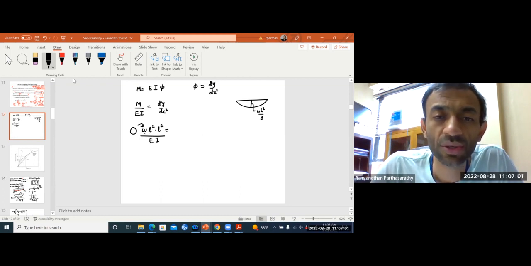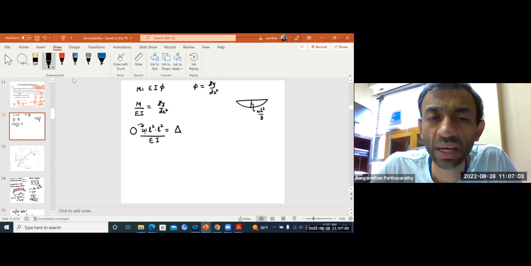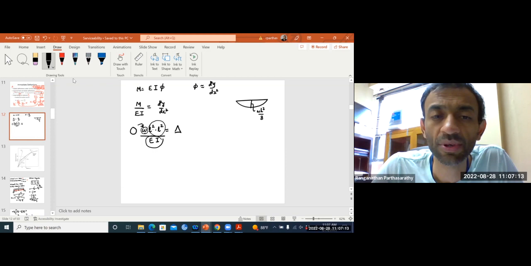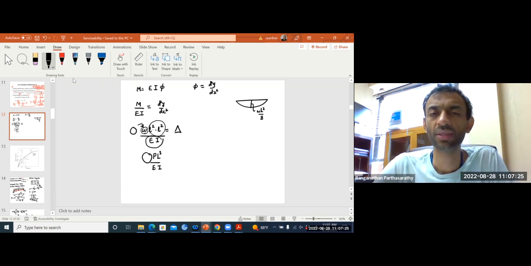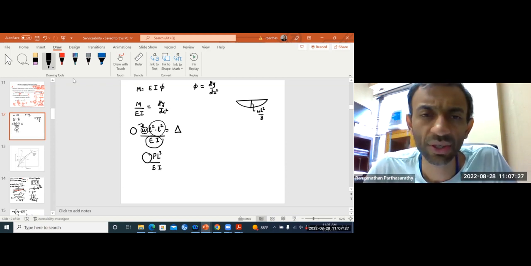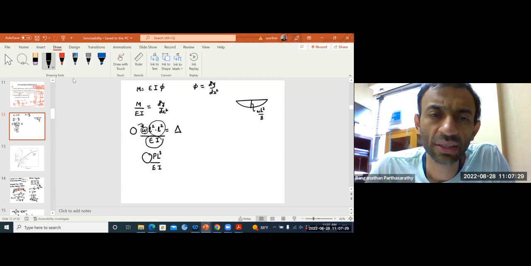So your maximum deflection will have a load intensity, that is load per unit length, and a length to the power 4 term and an EI term. If you have a concentrated load instead of distributed load, you will have here an L power 3 term, and then you will have some number, and at the bottom an EI.